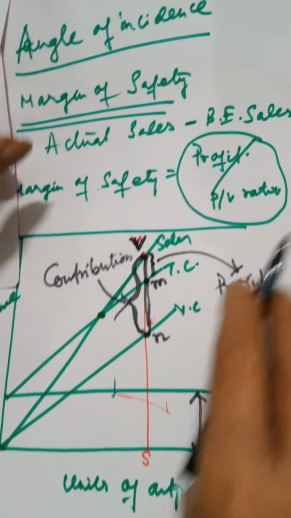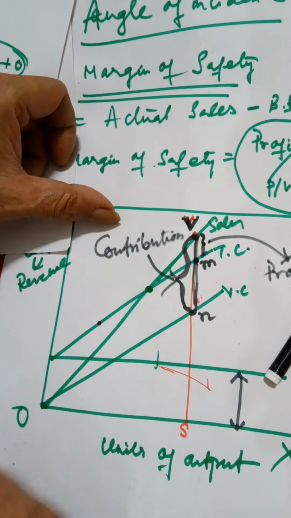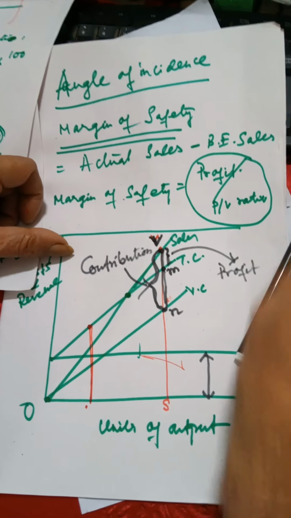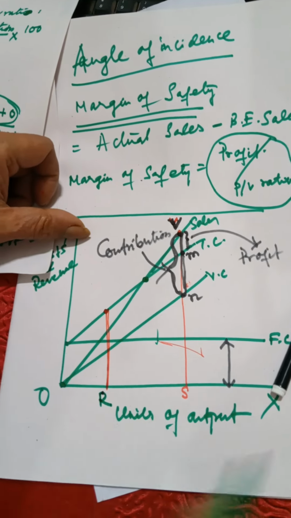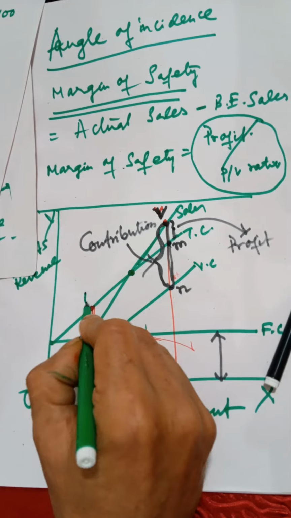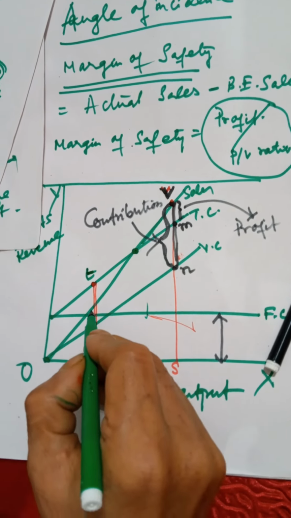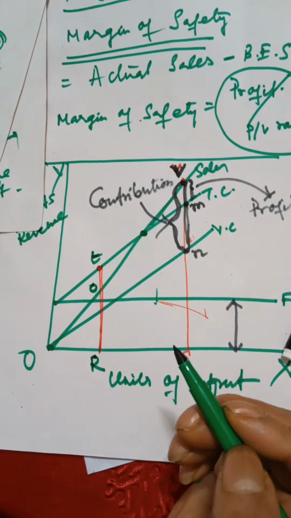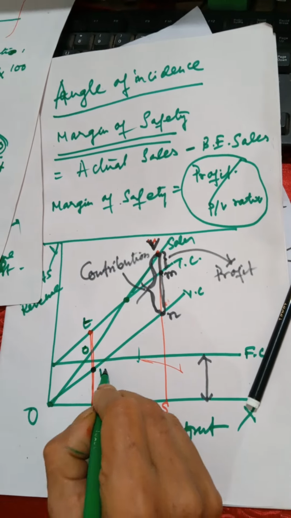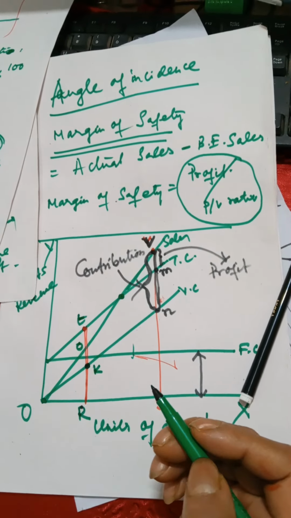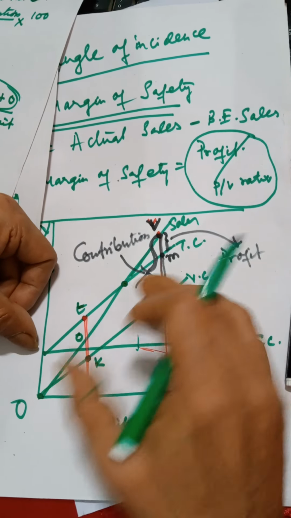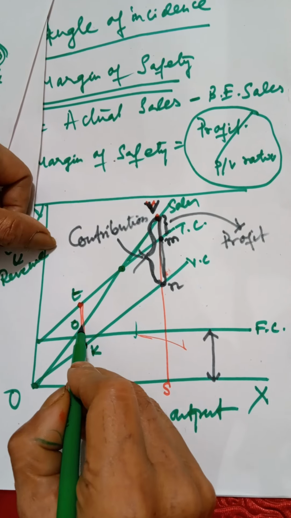On the other hand, suppose the producer is actually selling here, say R units. Now suppose this point is T, this point is say O, and this point is say K. Now you can see point T lies on the total cost curve instead of lying on the total sales curve, and point C lies on sales.